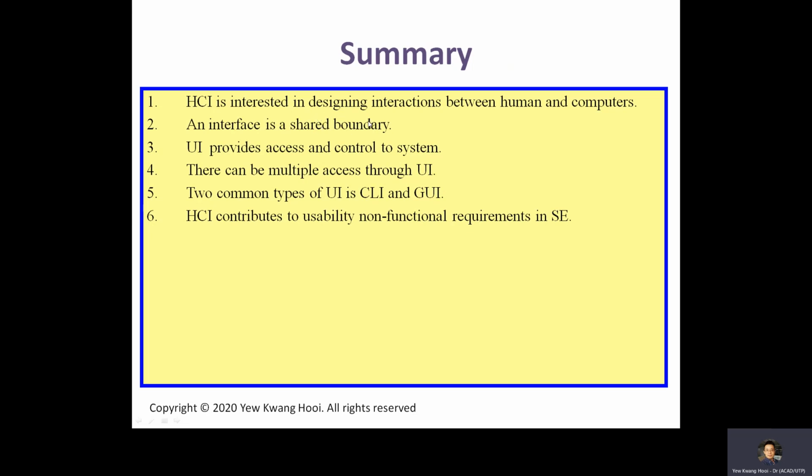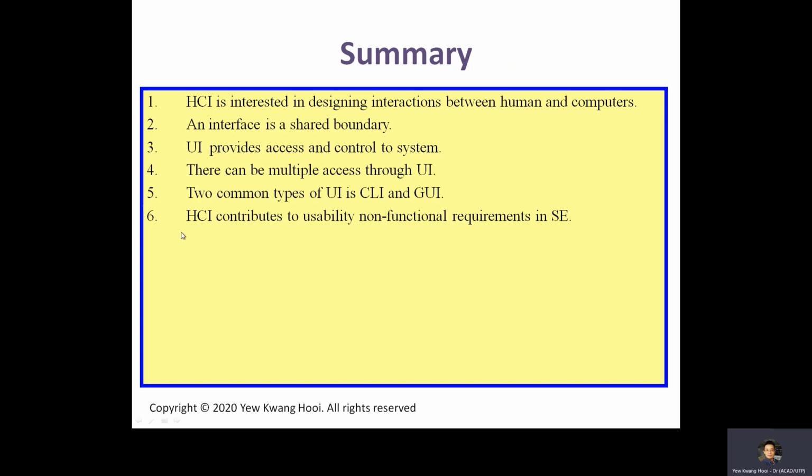The interface receives input, produces output, and receives the controls and implements them. The user interface provides access and control to the system. There can be multiple accesses through the user interface. You have learned that there are a few types of user interface, not necessarily GUI, but also CLI. And nowadays NLI, natural language interface, is becoming more popular.